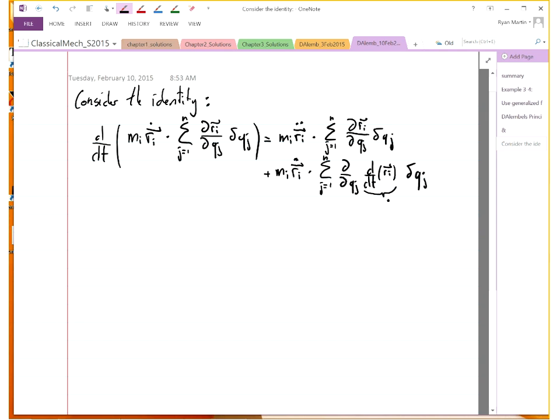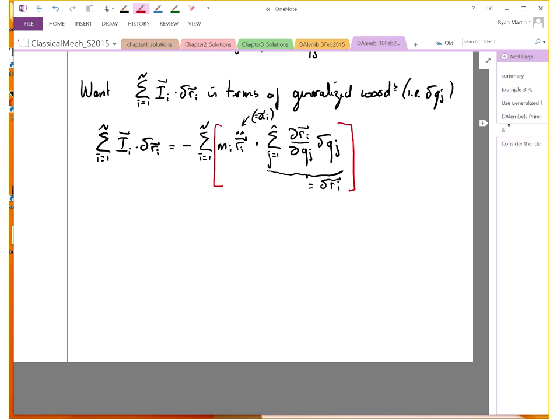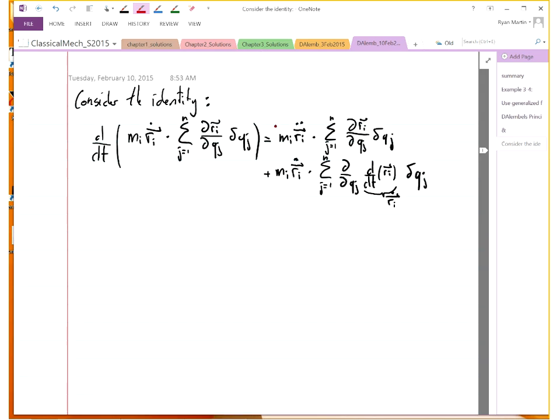And this d/dt of r_i, sorry, I can write as r_i dot. So the term that I had before in red is this part here.